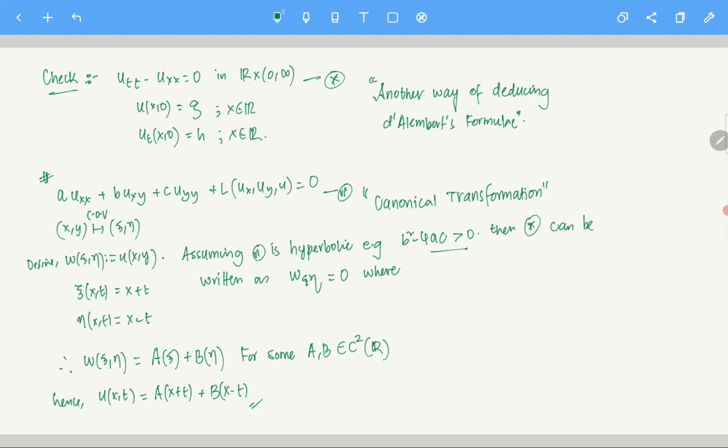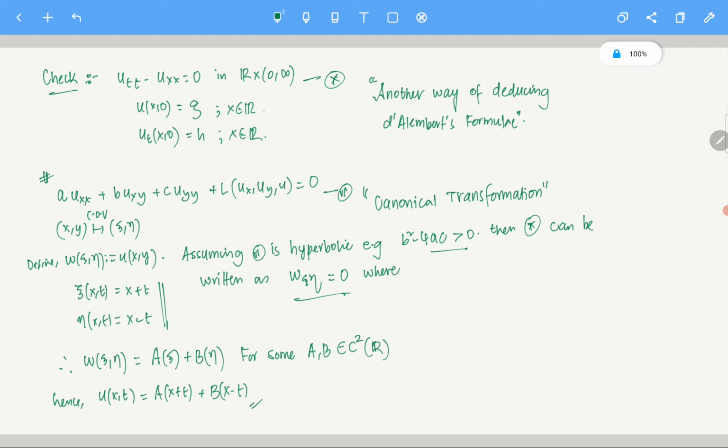Now what I want you guys to do is this. I want you to verify the whole thing. Do you understand what I am trying to say? Use a change of variable which looks like this and transform this equation, this star, to an equation which looks like that. Once you do that, w of xi eta will look like some function of xi plus some function of eta, and then you write u of x, t to be this. Clear?